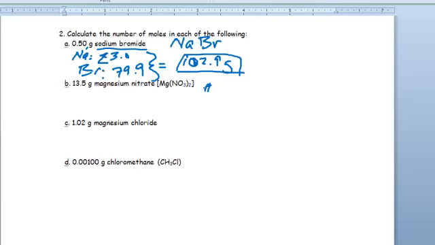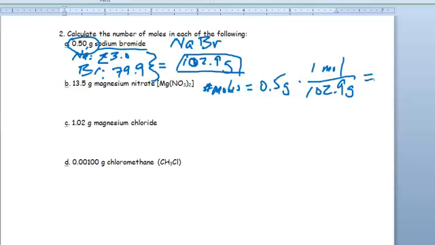So this time, what are we trying to find? That's right, the number of moles. And that's going to equal, here's what we're given, half a gram, 0.5 grams, times our conversion factor. This time we want the 1 mole on top divided by the molar mass. Okay, and let me plug that in, 0.5.